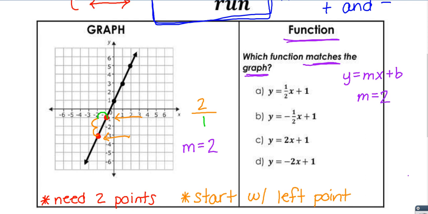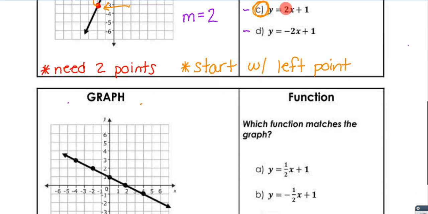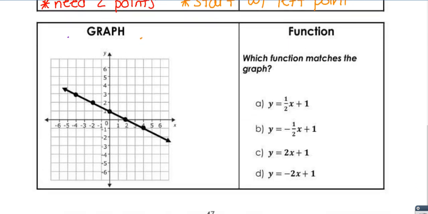So take a second and think, which one of these 4 options do you think could be the equation or the function that matches our graph? Okay, hopefully we picked letter C because there's our 2 in front of our x. Our slope is 2. Okay, so let's go ahead and move on down to the next example.